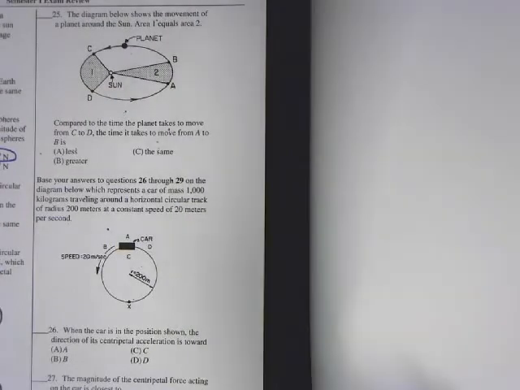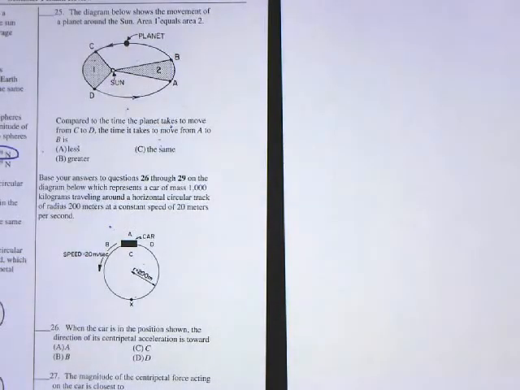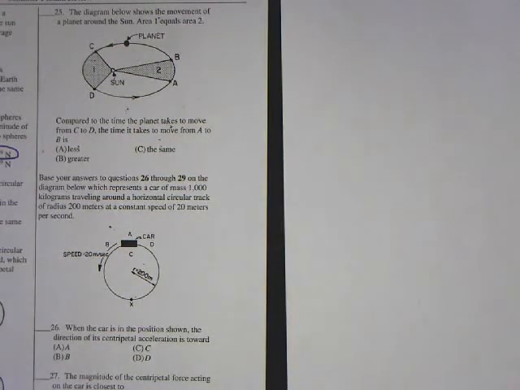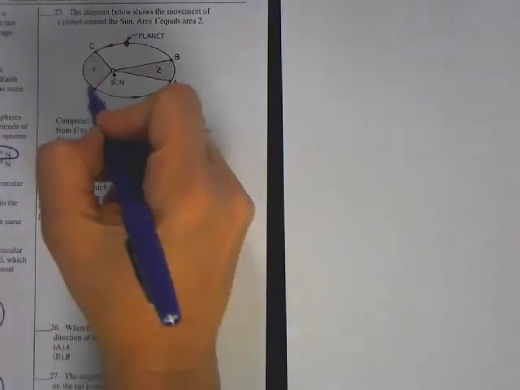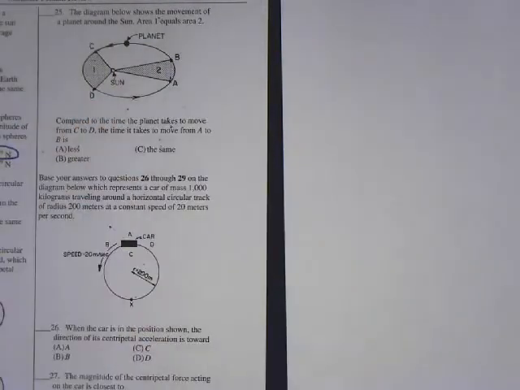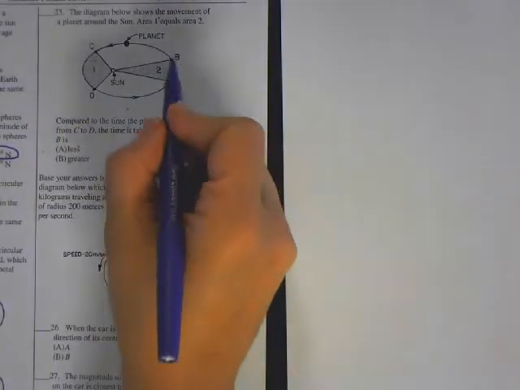Number 25, the diagram below shows the movement of a planet around the sun. So area 1 equals area 2. Compared to the time it takes, Kepler's law says equal areas in equal time. The reason this time is equal to this time is that here it's moving faster and here it's moving slower. Remember when we talked about conservation of energy?